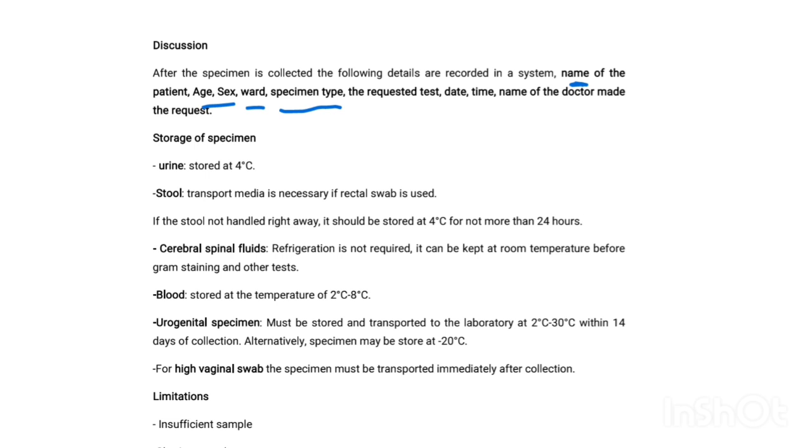We also need to write the date and the time at which the specimen was collected. Then when it comes to storage, urine has to be stored at 4 degrees Celsius. This is the temperature where it has to be stored.